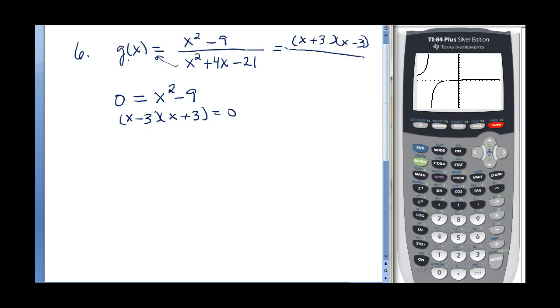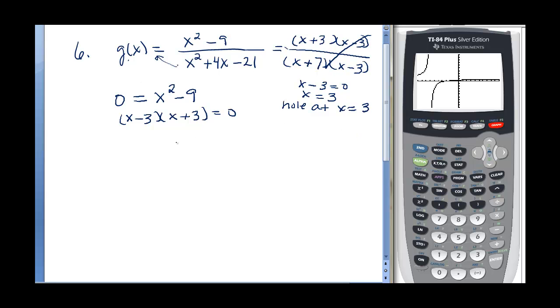In our denominator, we factor that, and we find out it's x plus 7 and x minus 3. So since I have x minus 3 both in the numerator and the denominator, I actually do have a hole in the graph. I set that x minus 3 equal to 0, solve for that and get 3. So I determine there's a hole in the graph at x equals 3.